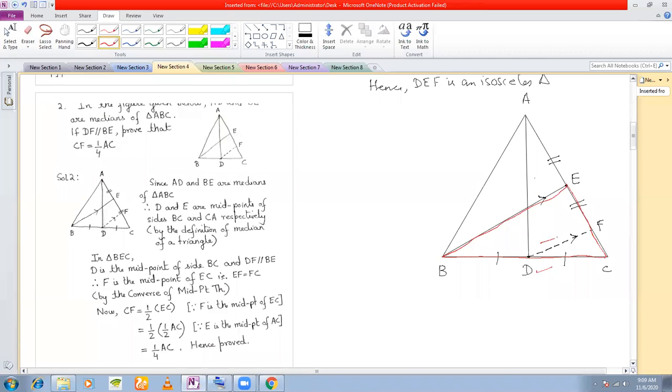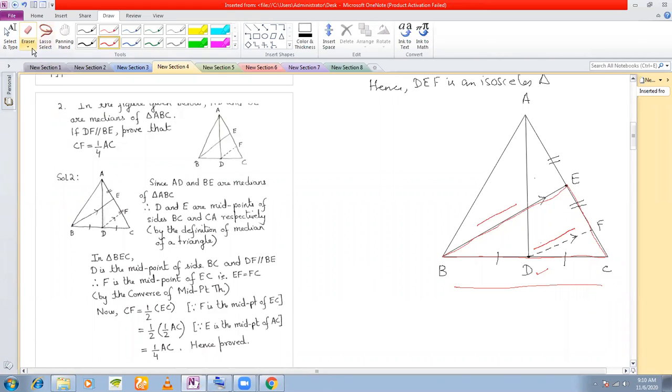Also, this line is parallel to this side of the triangle. Do you agree or not? Yes. See the red triangle. In this red triangle, D is the midpoint of one side, which is BC, right? D is the midpoint of BC of this triangle. Also, the straight line through the midpoint is parallel to one side of the triangle.